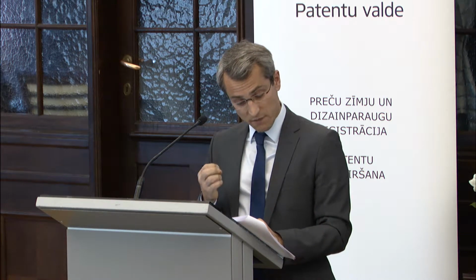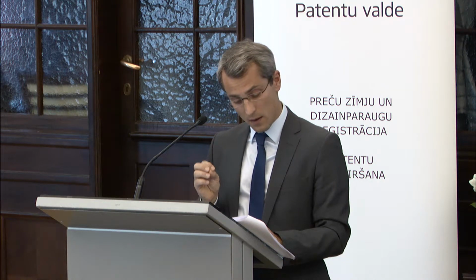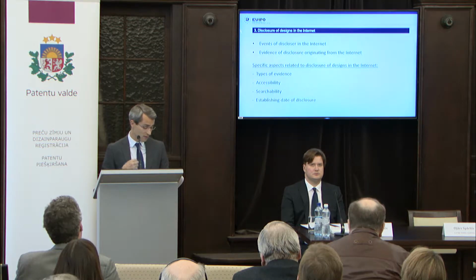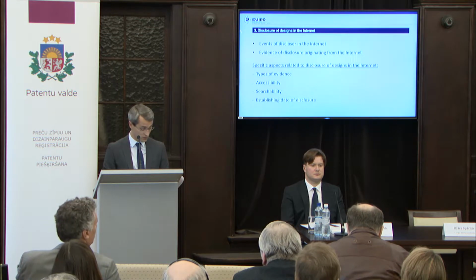Due to the specificities of the internet, when talking about disclosure, particular attention should be paid to the types of evidence which are acceptable when proving disclosure on the internet.